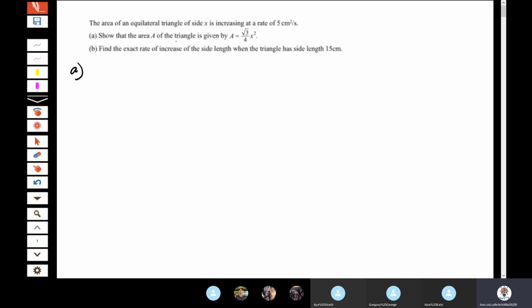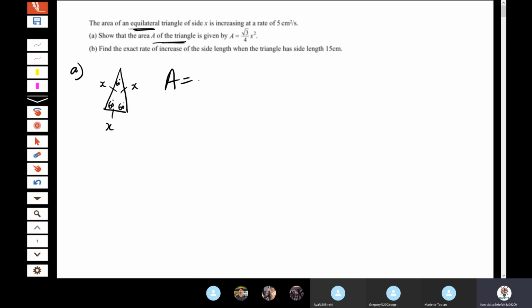Come on. Area of a triangle. Area of a triangle is half times base times height. But it's equilateral. How do we find this?